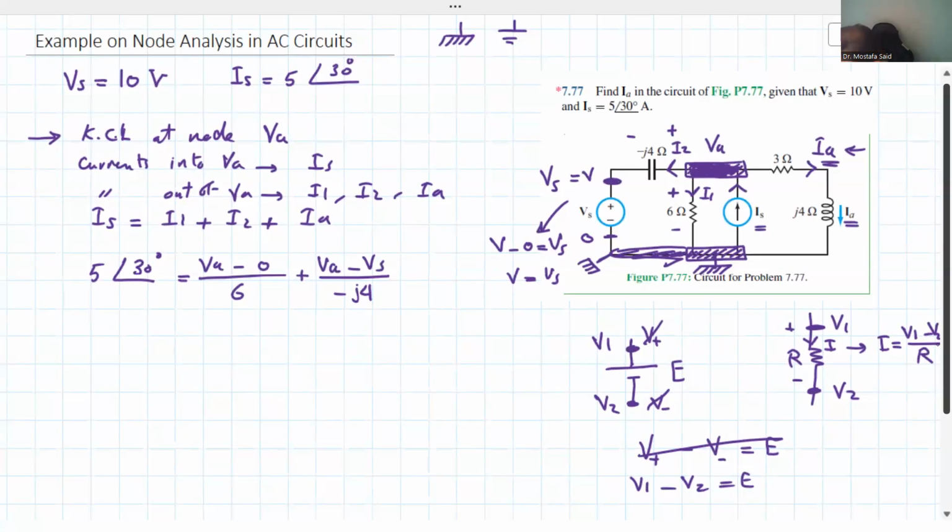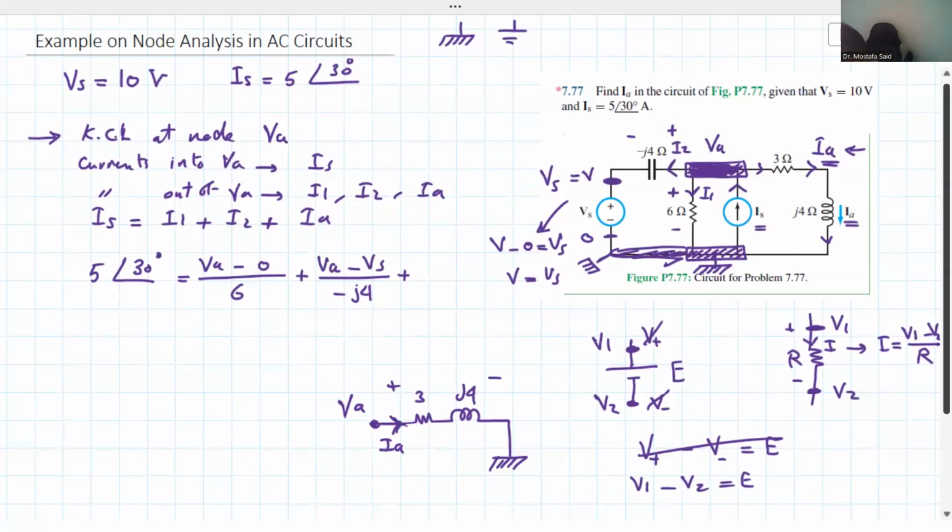Now, IA. What we applied for I2 and I1, we can also apply for IA. So IA is flowing in these resistances. They are resistances in series, like that. Here is IA, 3 ohms, J4. So it's flowing like that. The negative here is the 0 and the positive is VA.